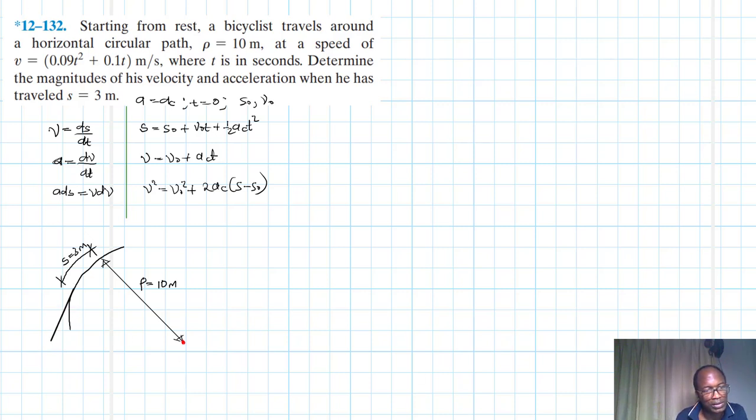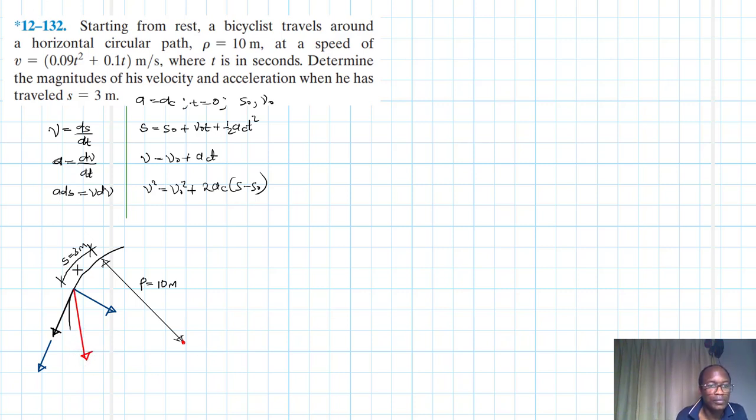At this particular point we are supposed to find the velocity and acceleration. Let's say this is one component for velocity, and we have components for acceleration in the normal and tangential directions, and then the magnitude.